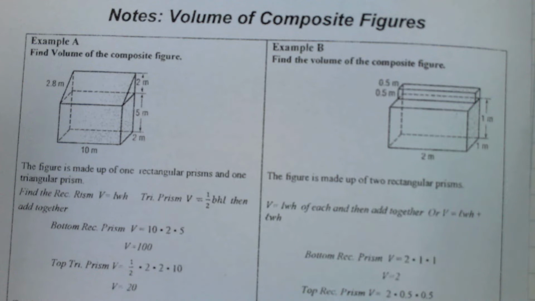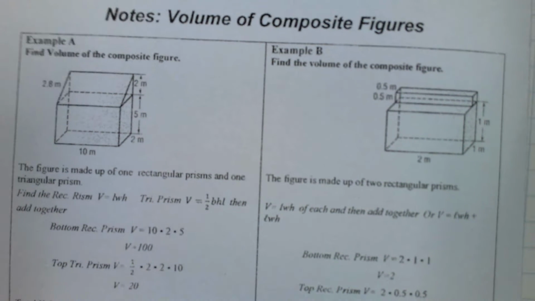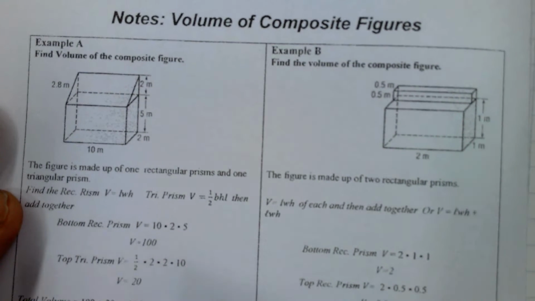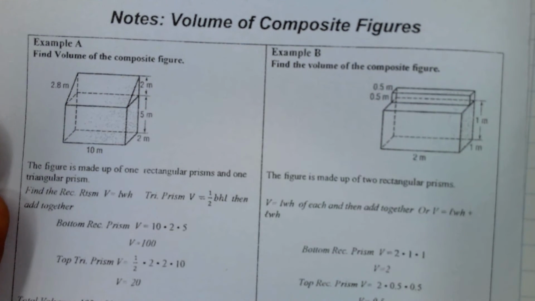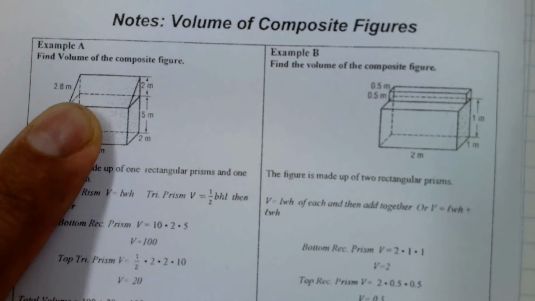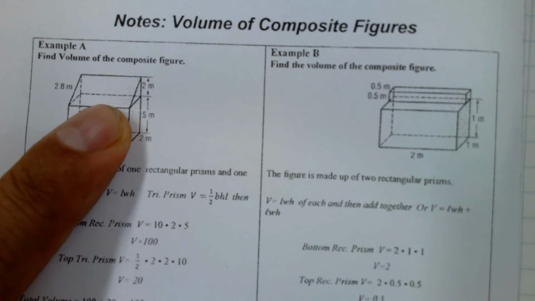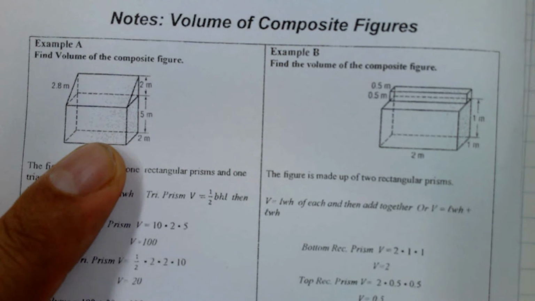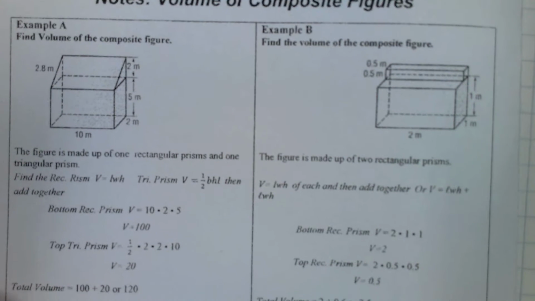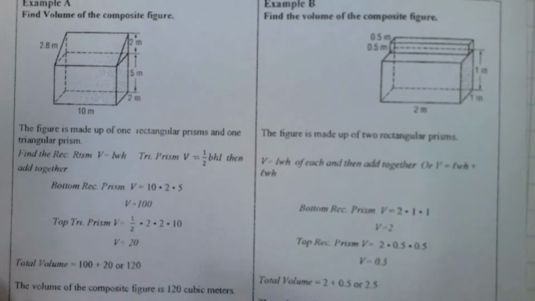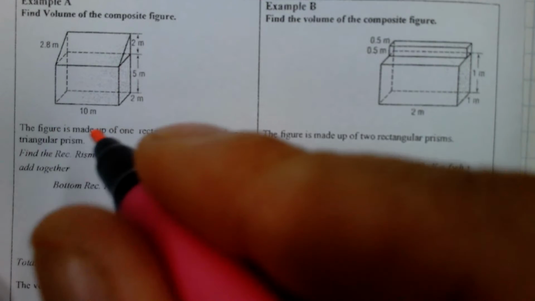So for example, here they show us an example A, where we find the volume of two solids. Looks like that's a triangular prism and a rectangular prism. As you can see, we have to know the formulas for each.